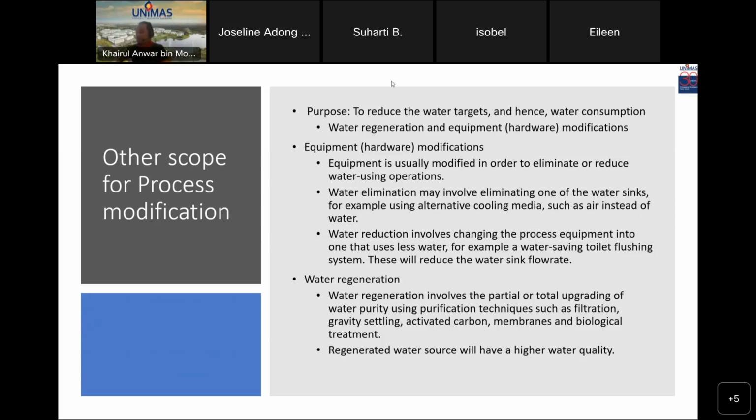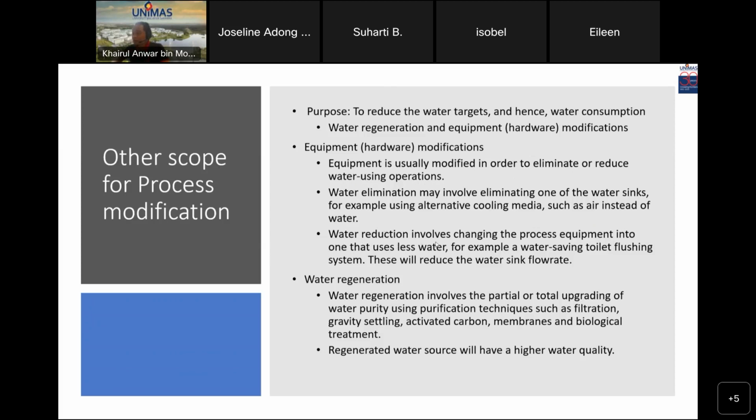For equipment modification, equipment is usually modified in order to eliminate or reduce water using operation. Water elimination may involve eliminating one of the water sinks, for example, using alternative cooling media such as air instead of water.